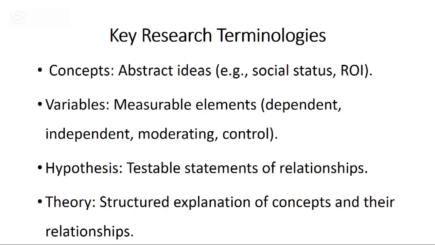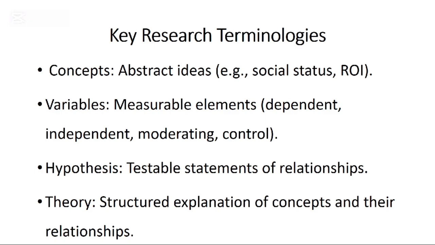So what are the key terminologies used in research? There are various terminologies that are used in the areas of research for you to really understand the concept and the process. It is important for you to understand these terminologies.